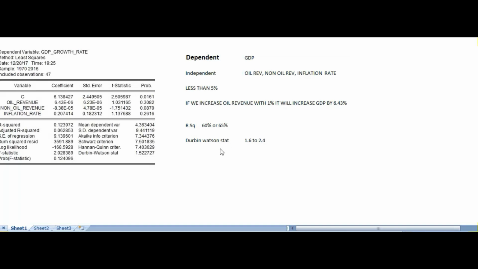So if the Durbin-Watson statistic is below 1.6, then we will say that there is positive autocorrelation in your data, okay. If your Durbin-Watson statistic is more than 2.4, then there will be negative autocorrelation in your data.